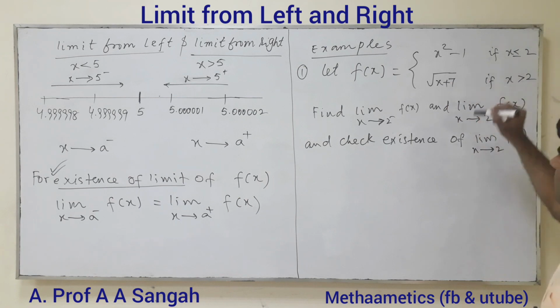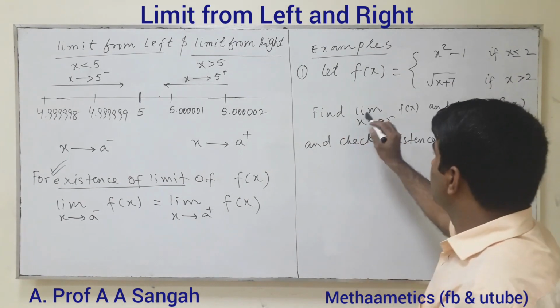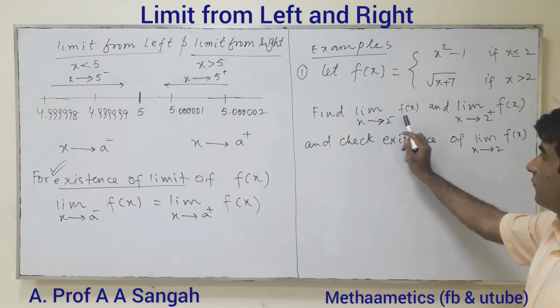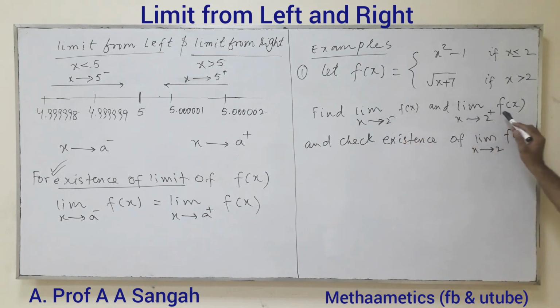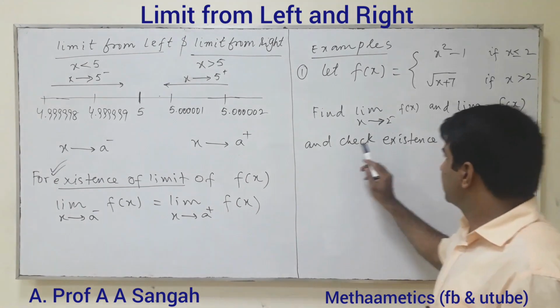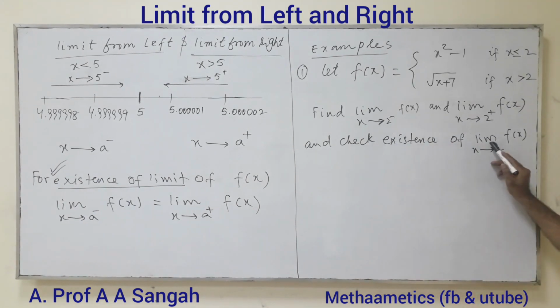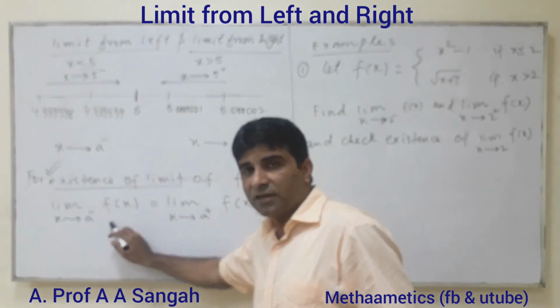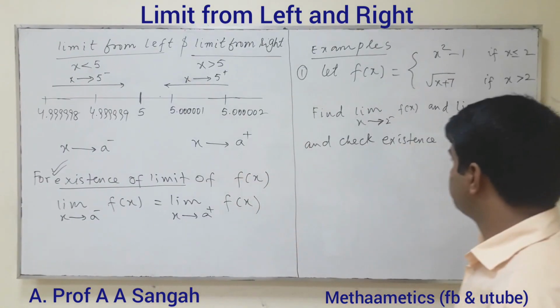We have to find the limit as x tends to 2 from the left hand side, find the limit as x tends to 2 from the right hand side, and check existence of the limit as x tends to 2. We know well that the limit exists when the left hand limit and right hand limit are equal.